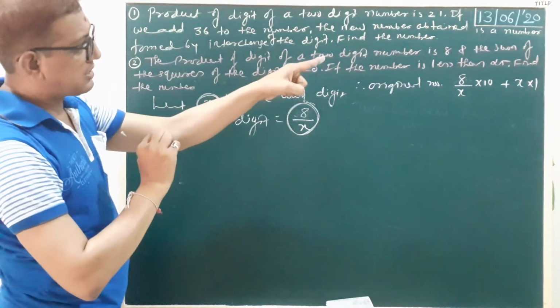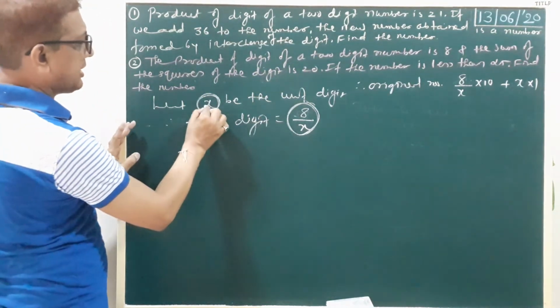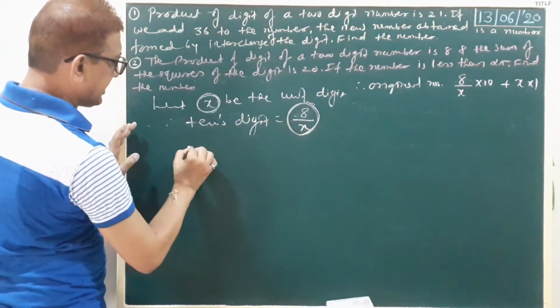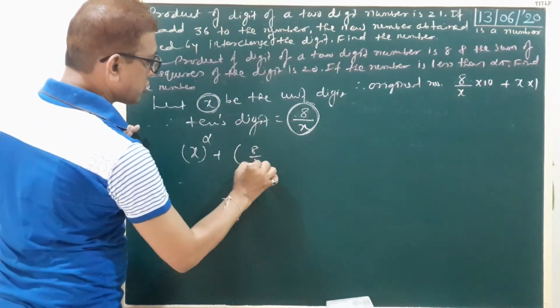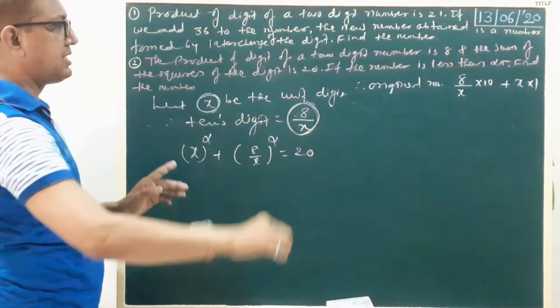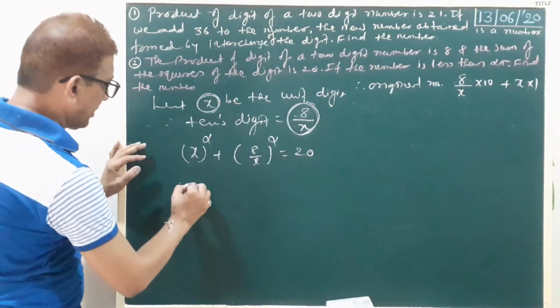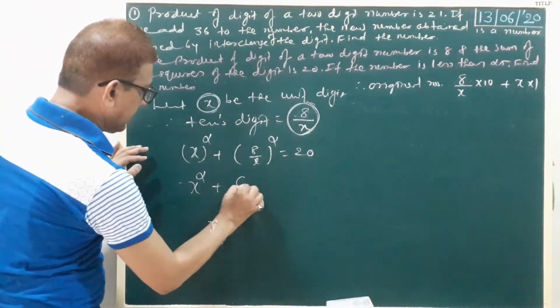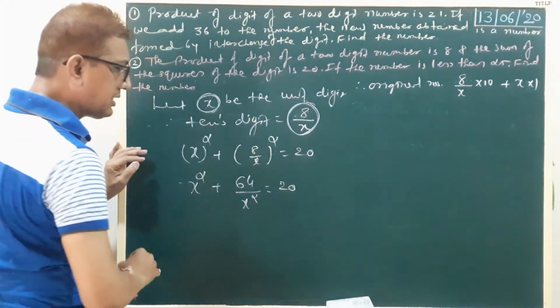Read again: the sum of the squares of the digits is 20. This is your quadratic equation. So here x square plus 64 upon x square equal to 20.